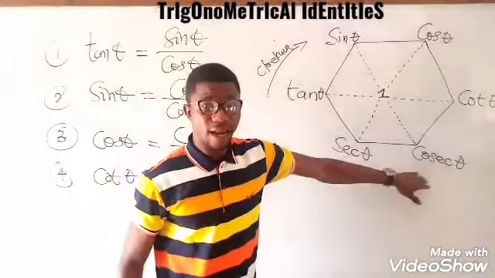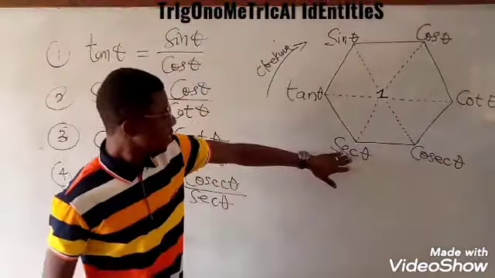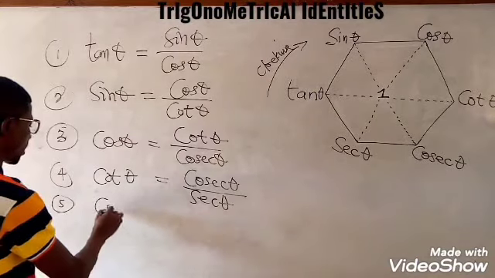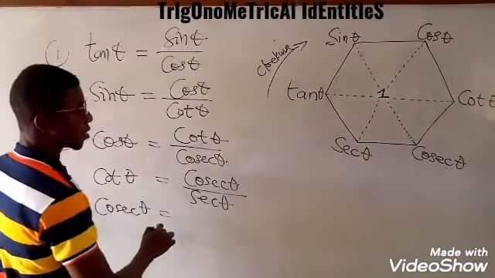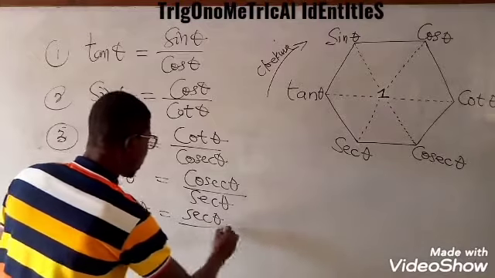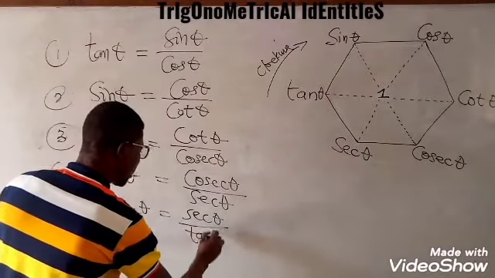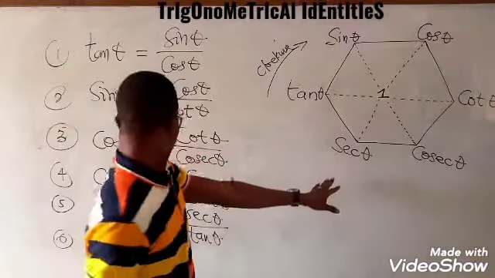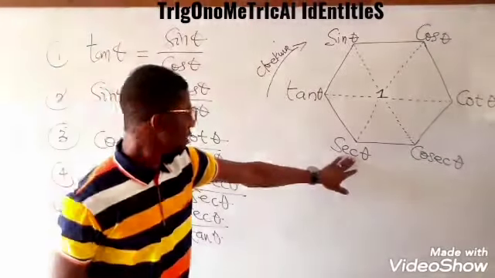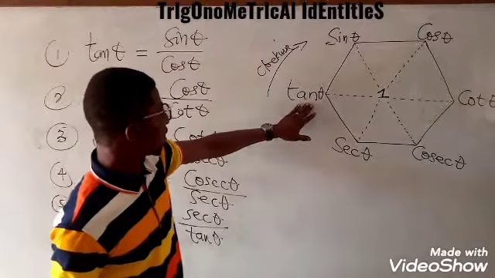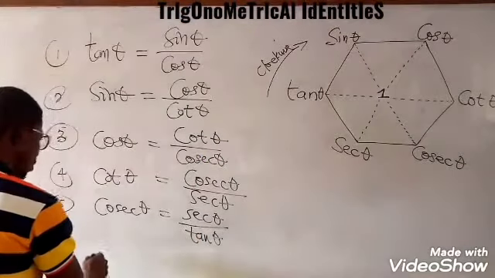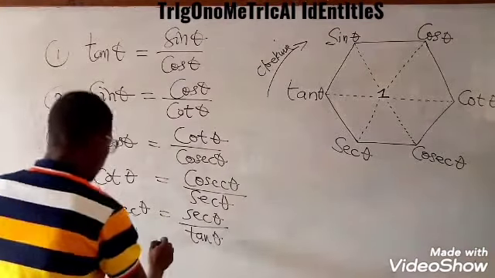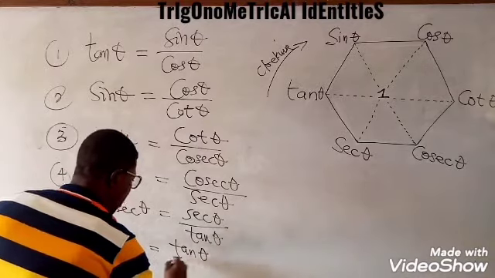Then we also have cosec theta. So cosec theta is equal to sec theta divided by tan theta. We have the sixth one. So now we have sec theta. Sec theta equals tan theta divided by sin theta.